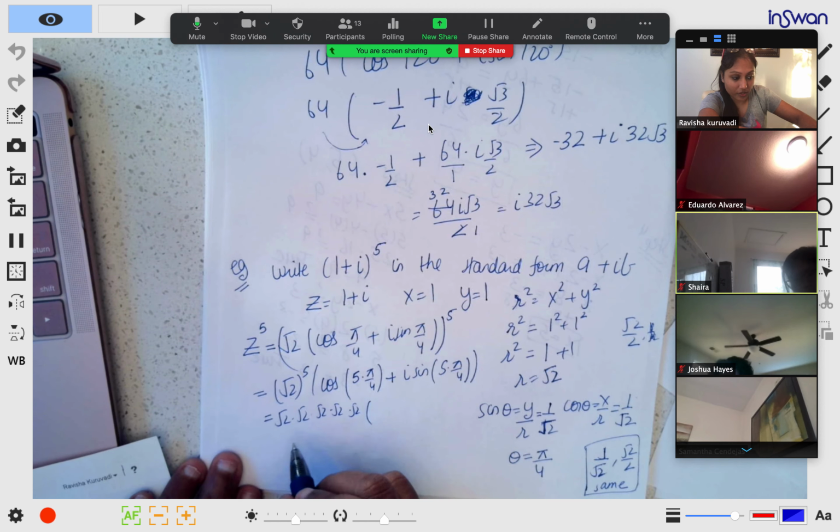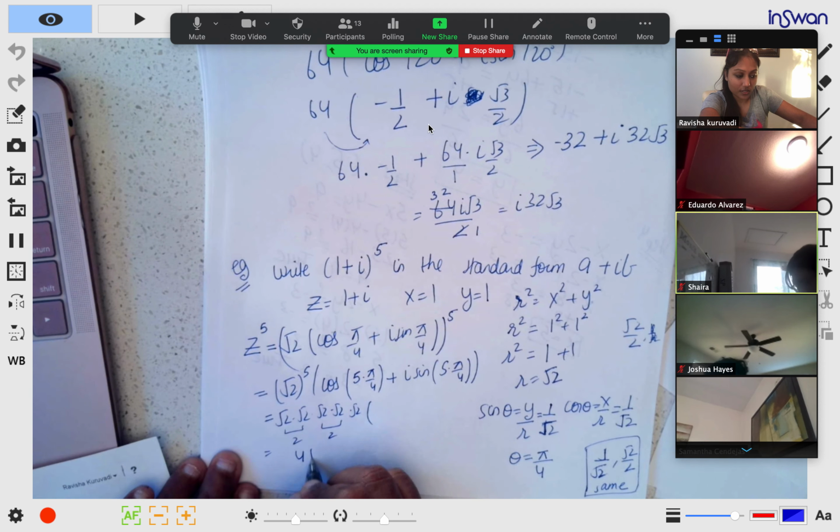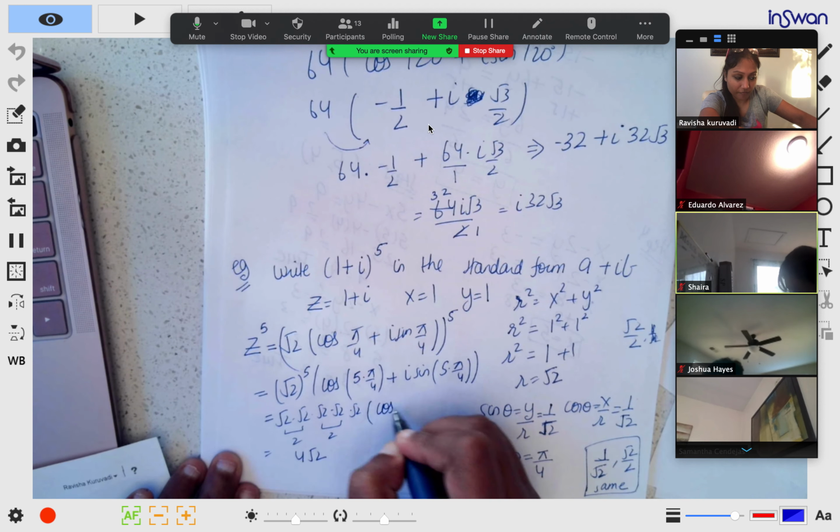Yes, exactly. Two of them multiply to give 2, so you get 4 root 2, cosine 5 pi over 4 plus i sine 5 pi over 4.